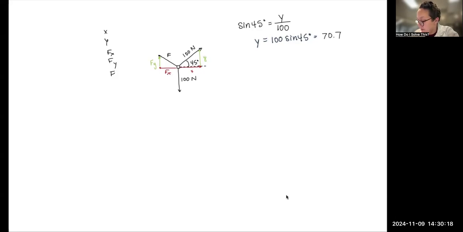And it is 70.7 newtons, to be clear, because this was newtons here. And we'll do the cosine of 45 degrees is adjacent over 100, x over 100. So x equals 100 times the cosine of 45 degrees, which is 70.7 newtons.